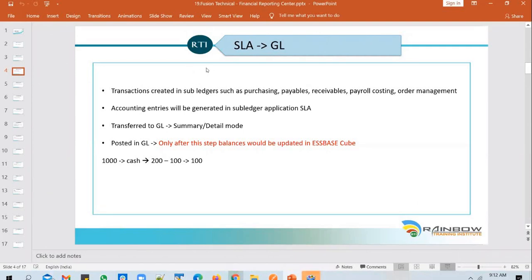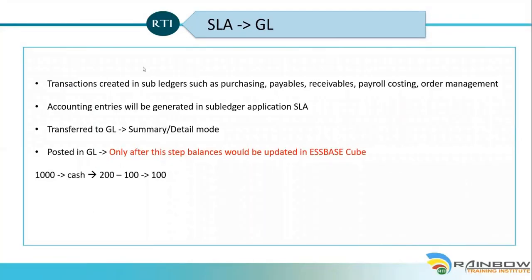And what usually happens is, as part of the business flows, you will have transactions created in subledger modules, right? Be it purchasing, payables, or payroll costing, or any other subledger. Transactions get created there, and any transaction that has a financial impact needs to be accounted, and accounting entries get generated in SLA.